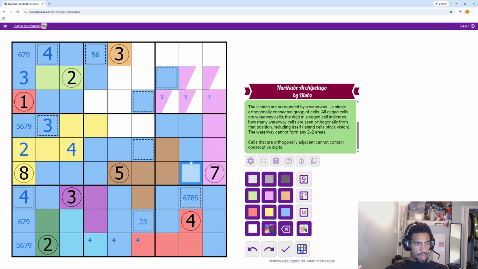But if this was pink, this can be blue to get out, and then I would know that my 3 is like this. But if my 3 is like this, am I worried about then these digits? No, because I'm taking the 7.